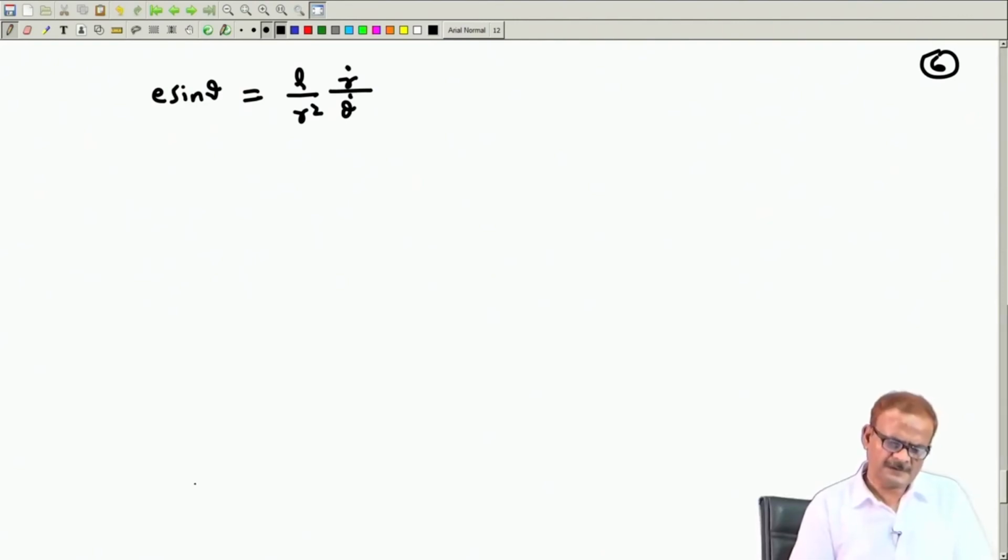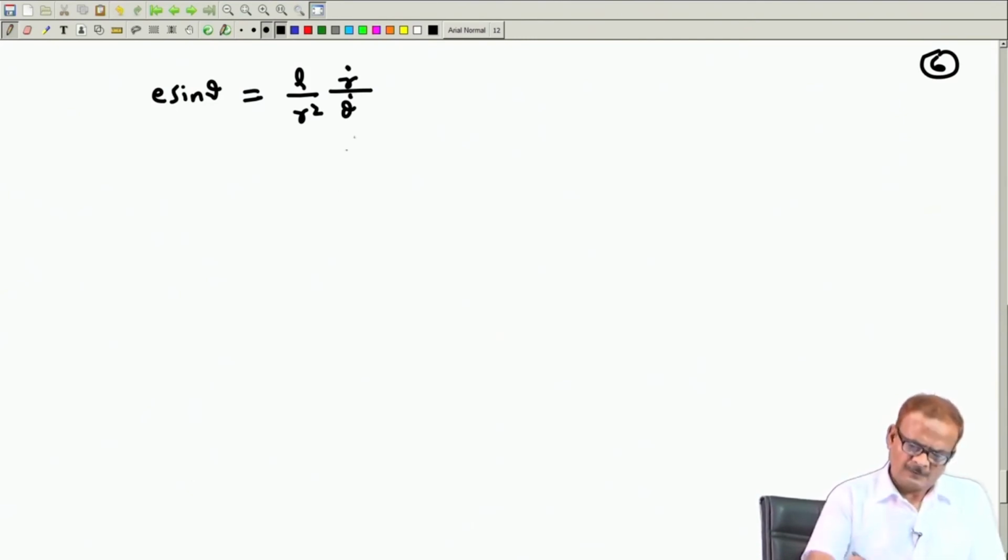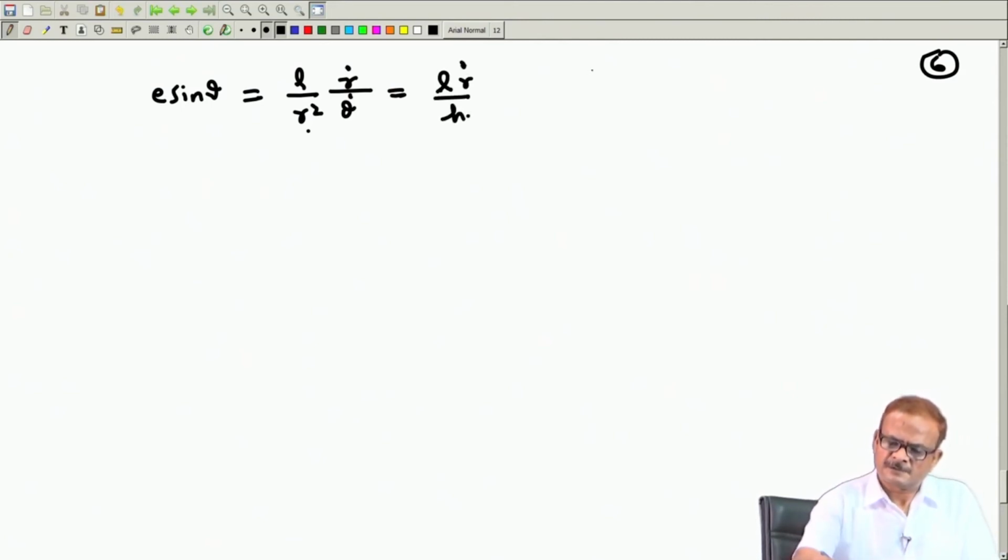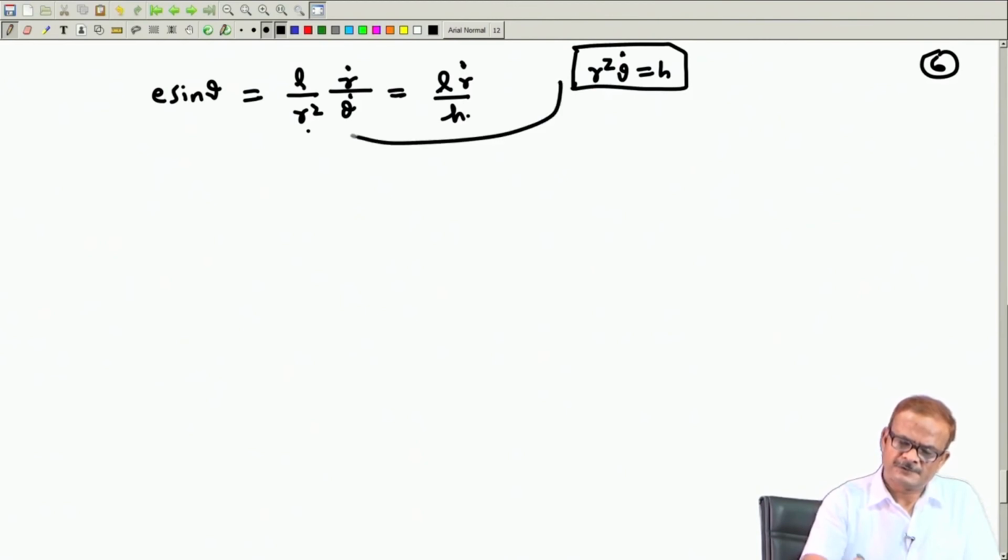Minus sign gets cancelled. Okay. And R square theta dot, this quantity is h. As we have already derived for the central force motion, R square theta dot equal to h. So, we can use it here and get this equation.